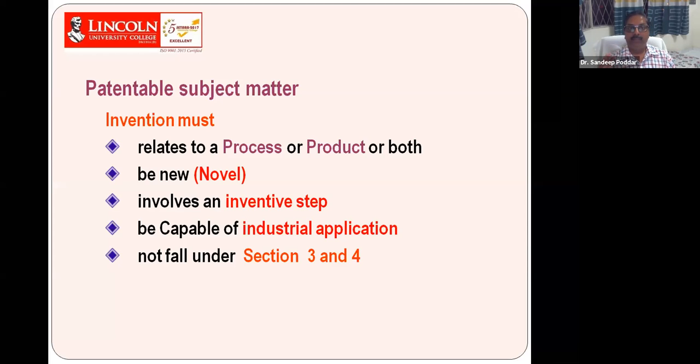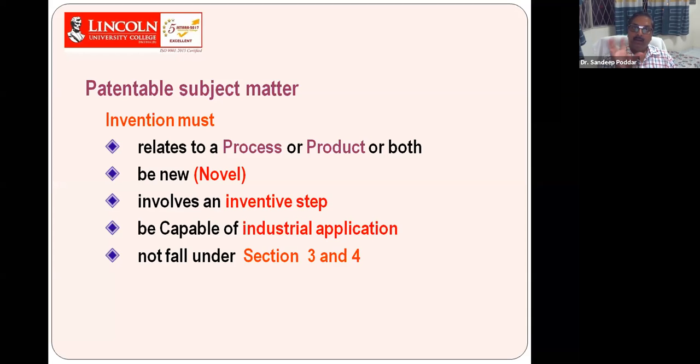What are the things we can make patent? Related to a defined process, or a product, or both can be patented. So if I discover something experimental, the process, the method can also be patented, and that instrument can also be patented.